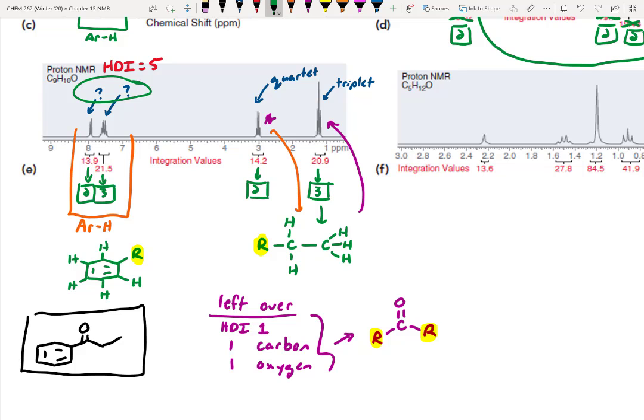So don't worry too much about that. I'm not going to purposely try to trick you or anything. And in this question, the signal splitting doesn't matter so much as understanding that there were 5 protons in the aromatic region. That's a big clue.